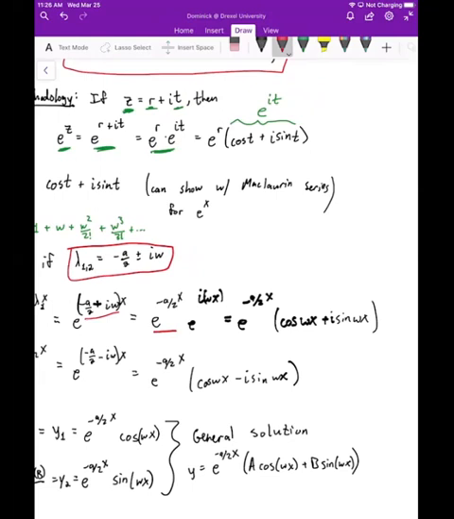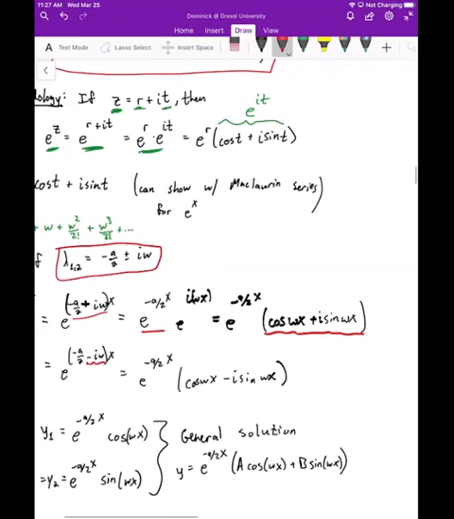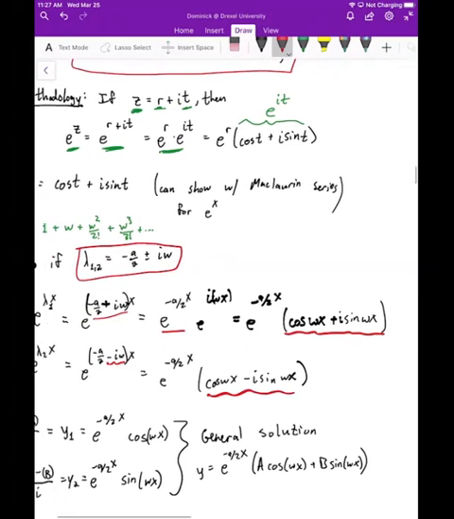That's not an issue. And then the e to the i omega x is like that e to the it, except just replace t with omega x, and that's what your cosine and sine terms look like. And then similarly in the subtraction version, we're going to get the same thing, except we get a minus in between for those sine terms.